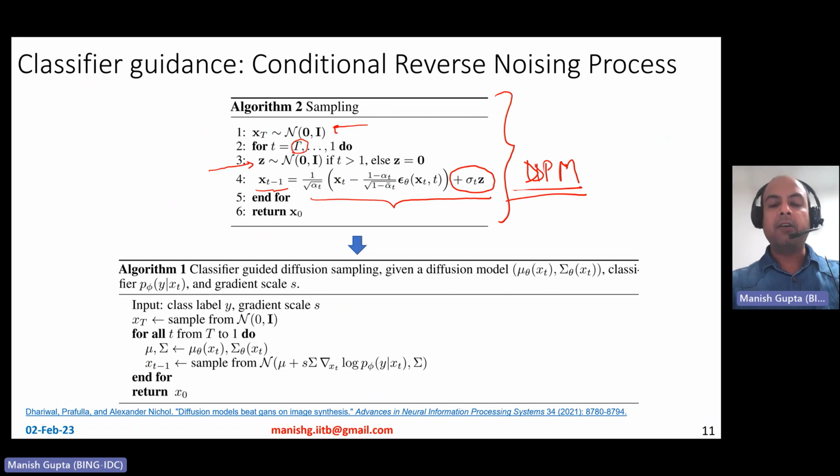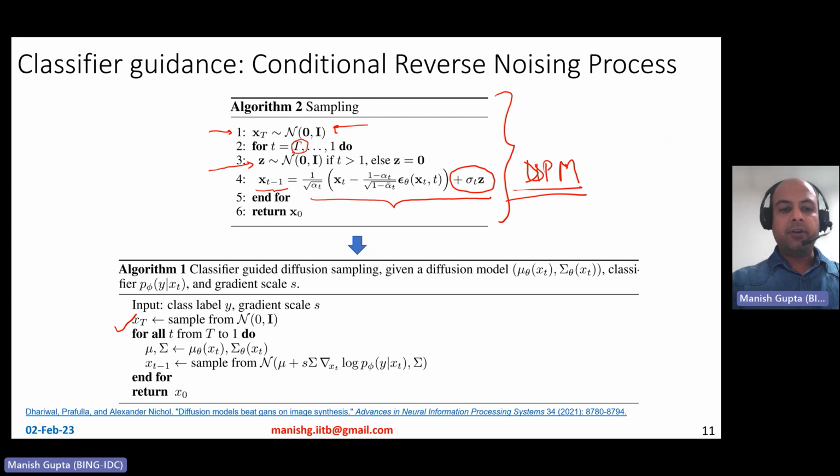However, you want classifier guidance now. Remember, you've trained a separate classifier. To do that guidance, what you do is start by sampling xt from a standard Gaussian, just like step one here.